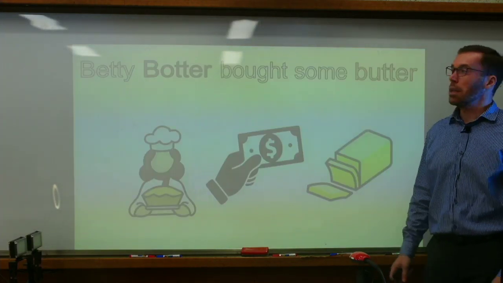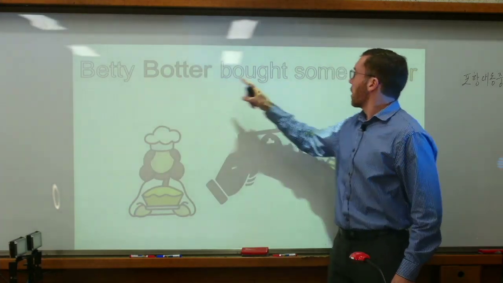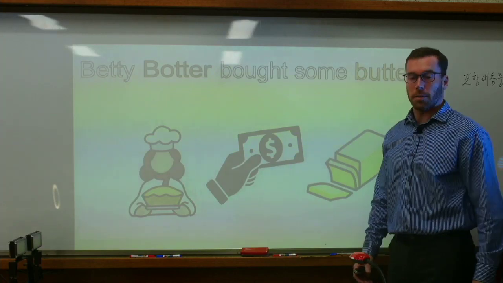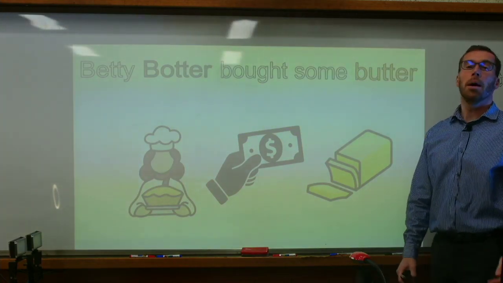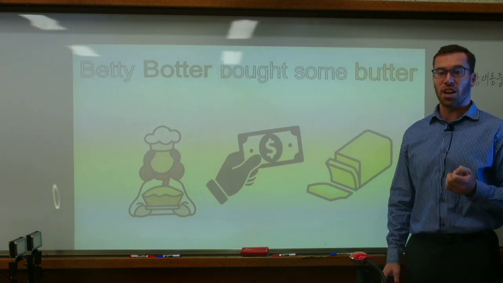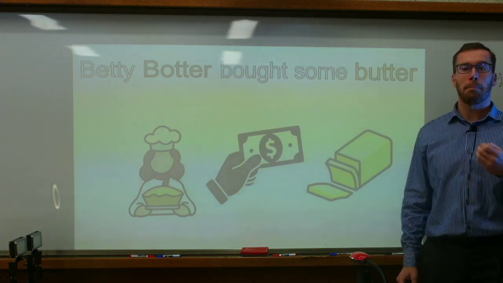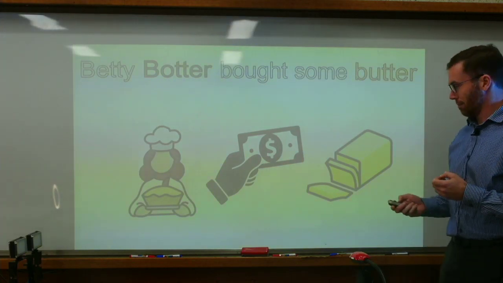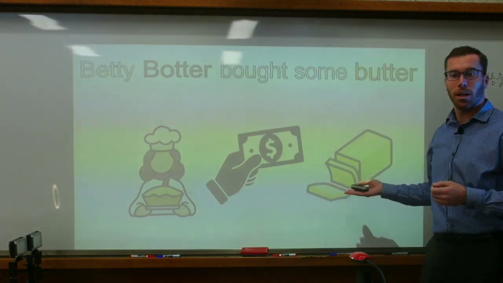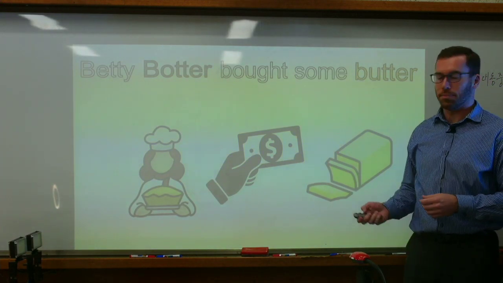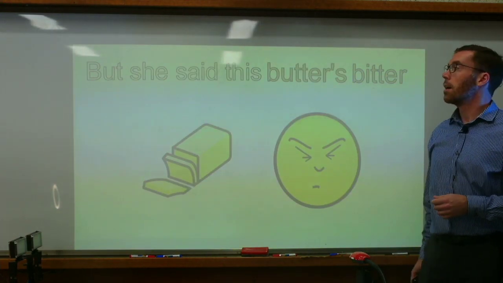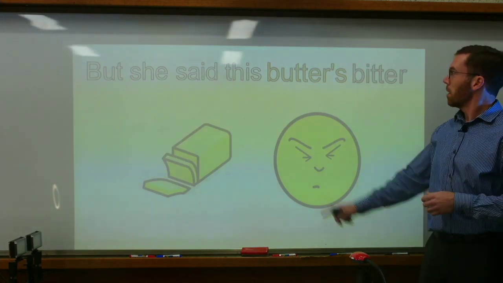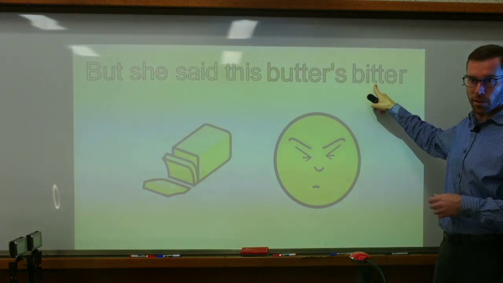In the tongue twister, I will change the colors so that you can know what sound to make. So let's practice. Betty Botter bought some butter. You can see, what is she doing? She bought some butter. But she said, this butter's bitter. Here we have mustard and silver.